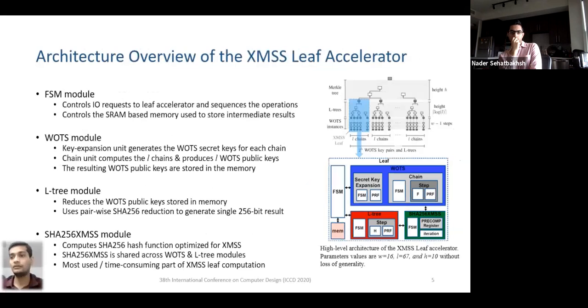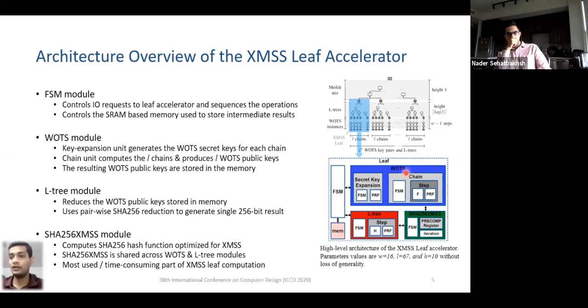The figure on the right shows the high-level architecture of the XMSS Leaf Accelerator. The design is organized into three modules: SHA-256 XMSS, WOTS, and L tree. The FSM on the left controls the I/O requests to the accelerator and sequences the WOTS and L tree computation. It also controls the access to the memory module highlighted in pink that is used to store the intermediate results.